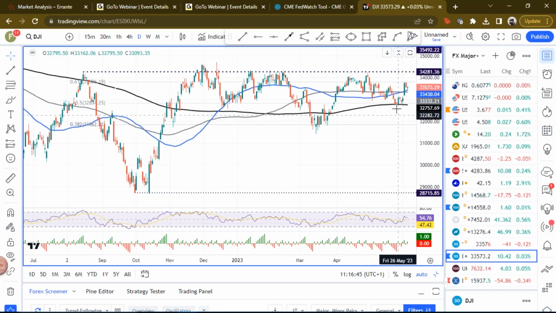And then below, beyond those near-term moving averages, we have the thick black line, which is the 200-day moving average at 32,757. You can see there it capped downside and acted as quite decent support over the last few days. So that is a key downside level for us in the Dow.